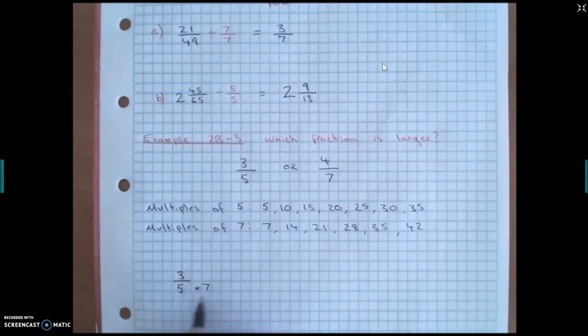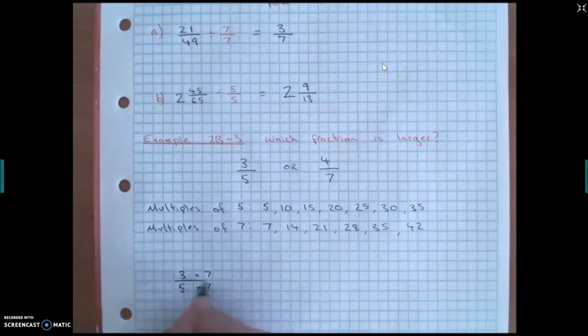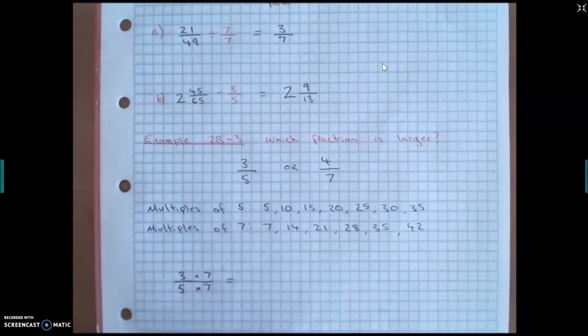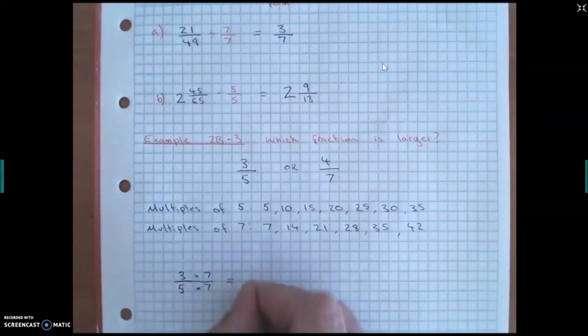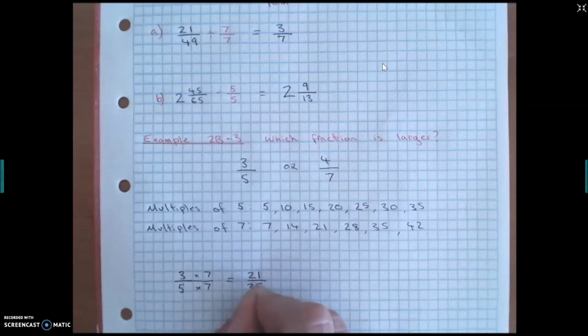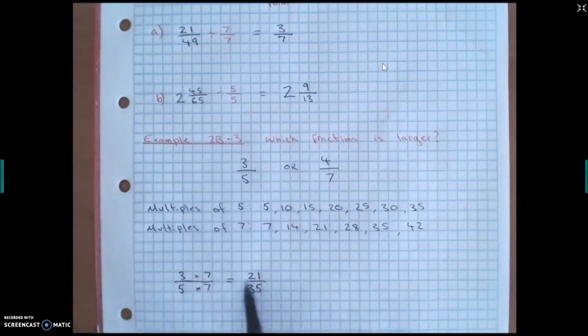Now I can't just multiply the bottom of a fraction by a number, I would have to also multiply the top. So 3 over 5 would become 21 over 35. So 21 over 35 is an equivalent fraction to 3 over 5.